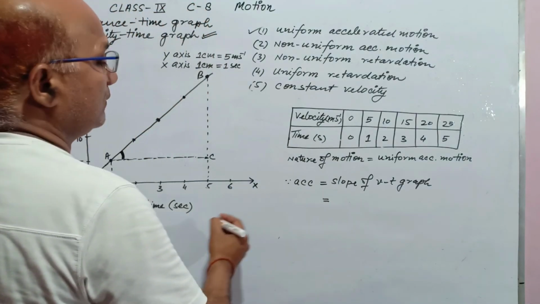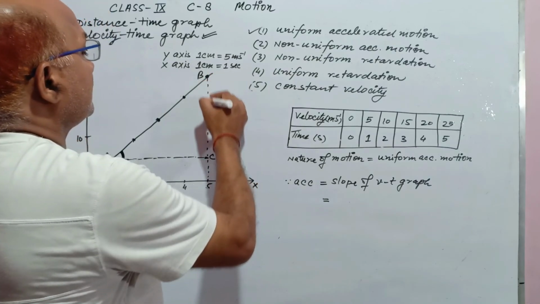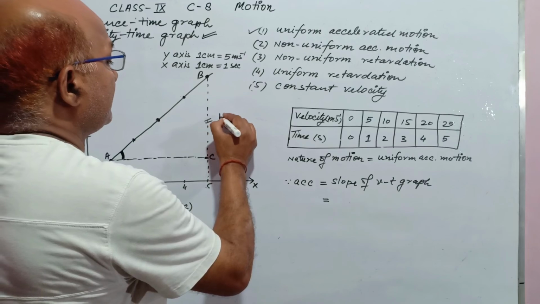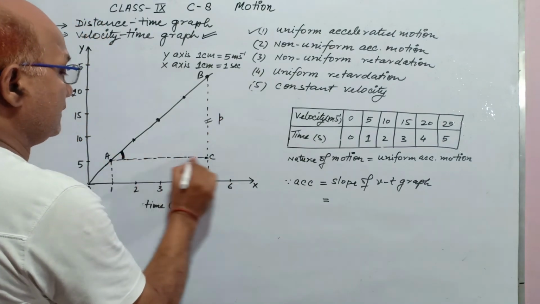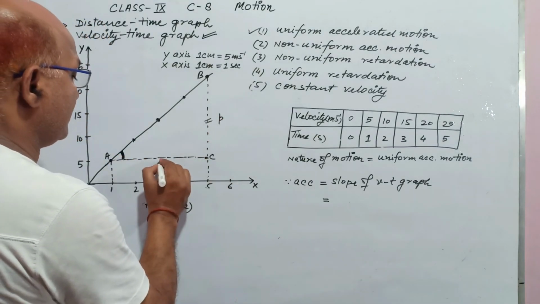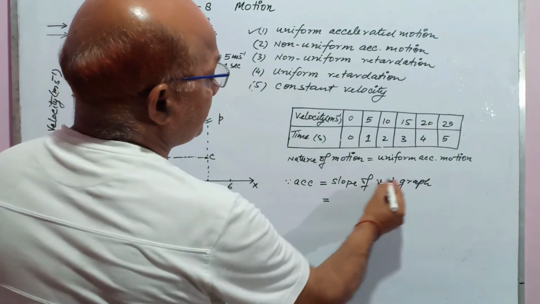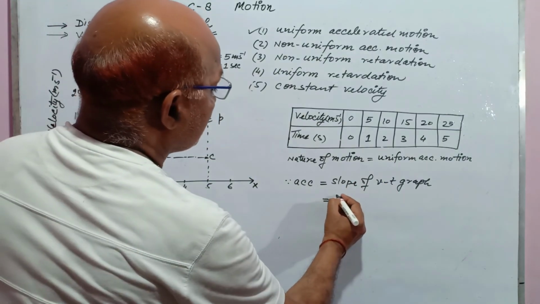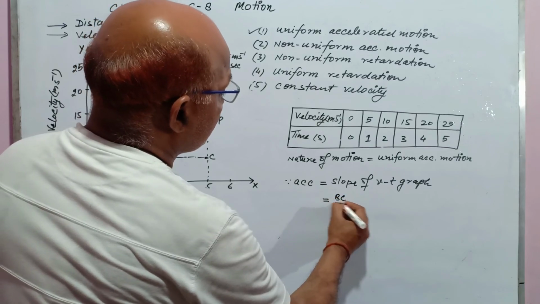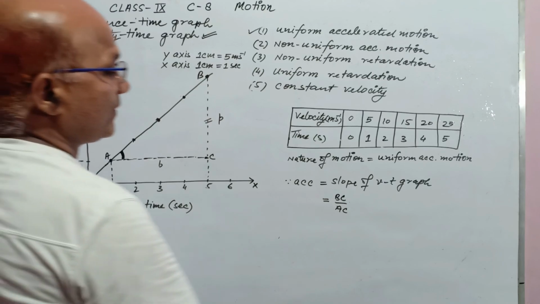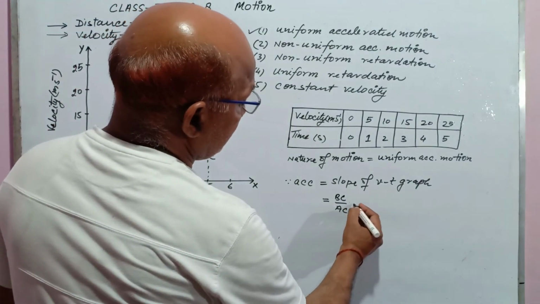This is the perpendicular for this angle, and this AC is the base. So the slope of the VT graph means BC upon AC.